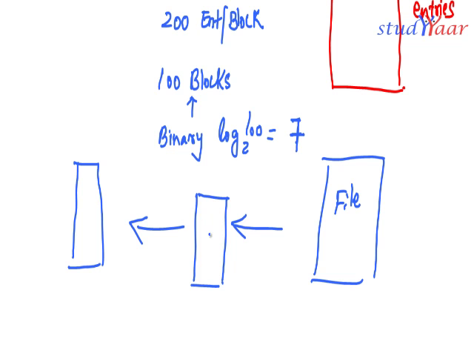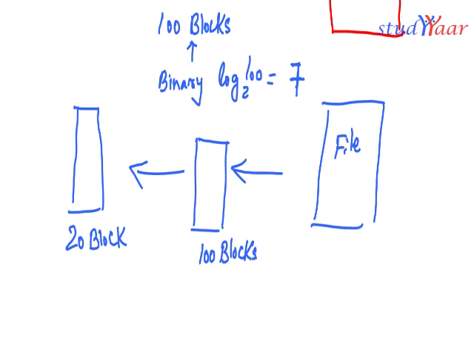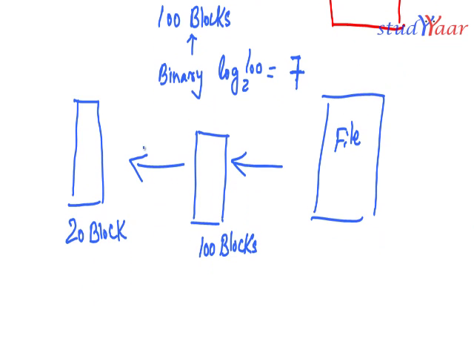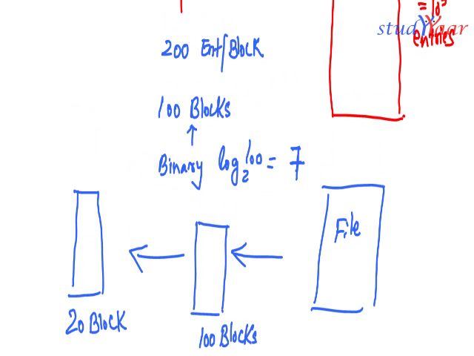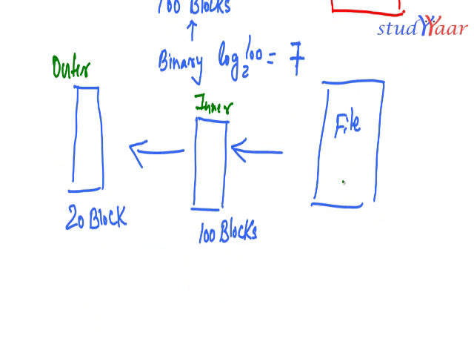Now let's suppose we had 100 blocks over here and we create an index for every 5th block. So I would have, say, 20 blocks over here. I would create a series, or rather a level, of sparse indices. This is my outer sparse index, this is my inner sparse index, and this is my file. So I have 20 blocks.